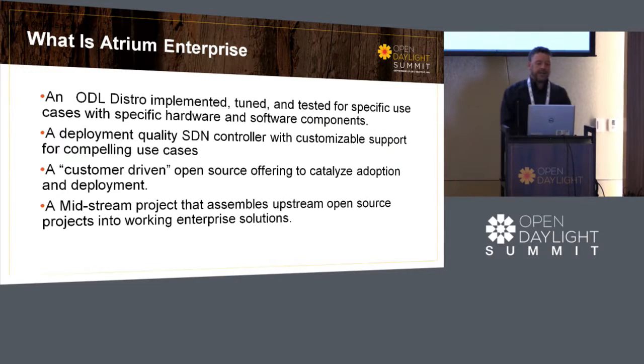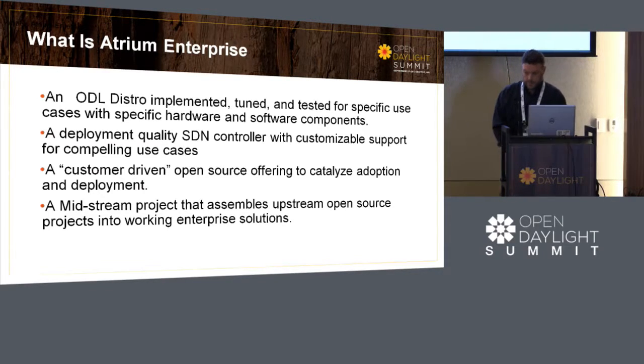So Atrium Enterprise is a distribution of Open Daylight that's been tested, integrated, and tuned for specific use cases, recognizing that upstream Open Daylight isn't very consumable for most people, and a lot of people don't want to do super custom things and become deep software developers in order to use it.